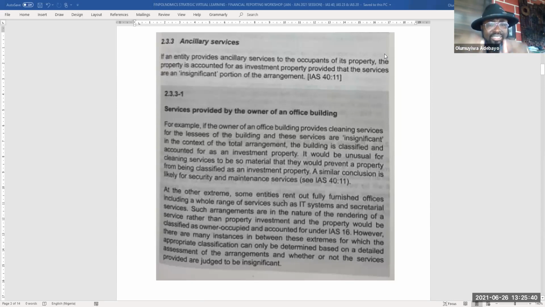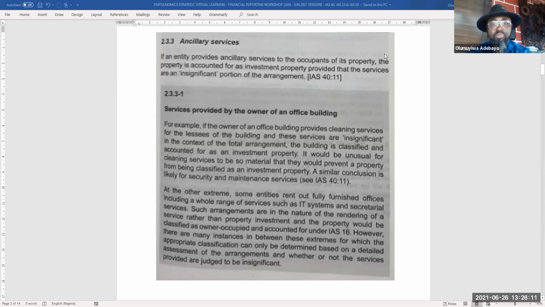Such will not qualify as investment property because materially you have developed a service, which is the main purpose for which you developed that asset to earn revenue. In that case, such will be treated as owner-occupied, similar to how hotels treat their property as PPE. Does that make sense to us?